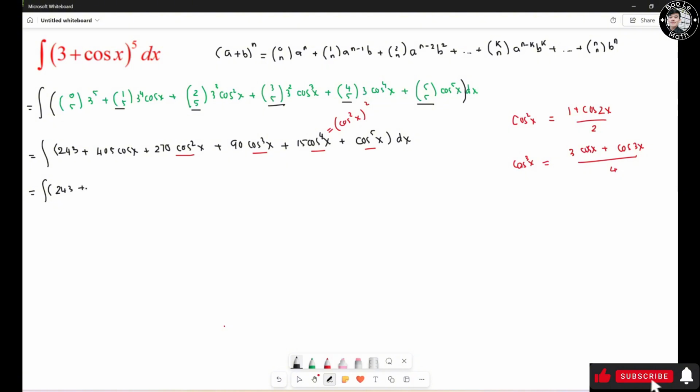So this guy turns out to be the integral of 243 plus 405 cosine s plus 270 times 1 plus cosine 2s over 2. 270 divided by 2 is going to be 135. So right here I just write 135 times 1 plus cosine 2s, right?